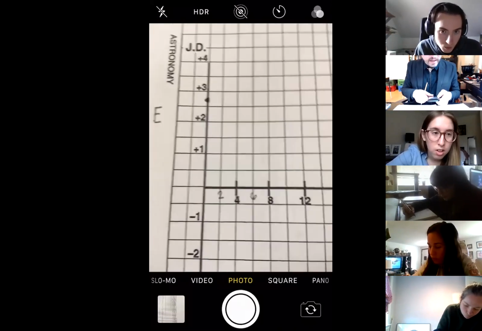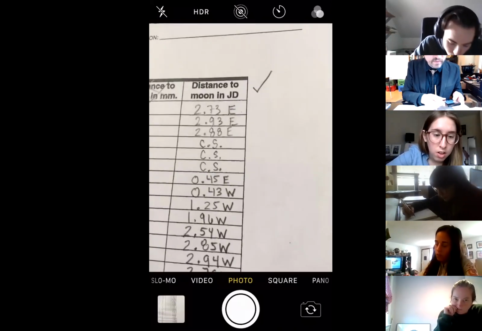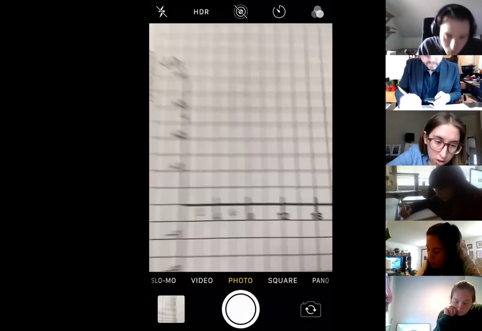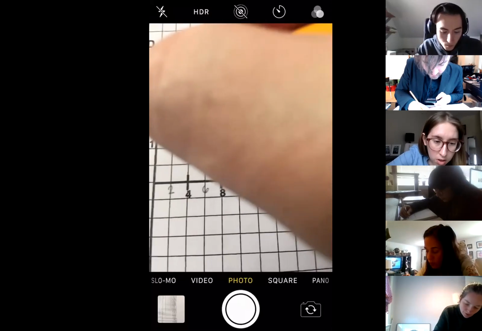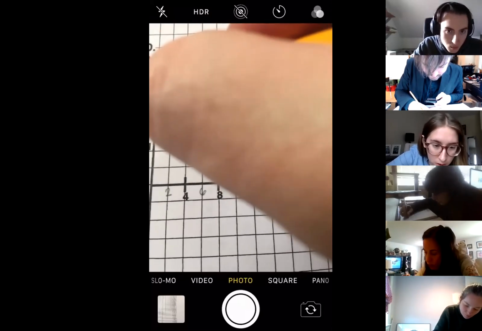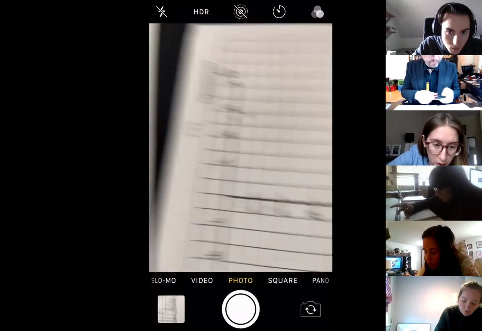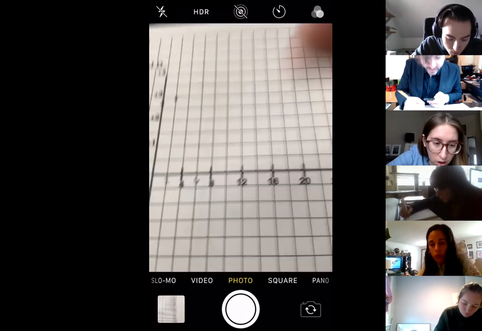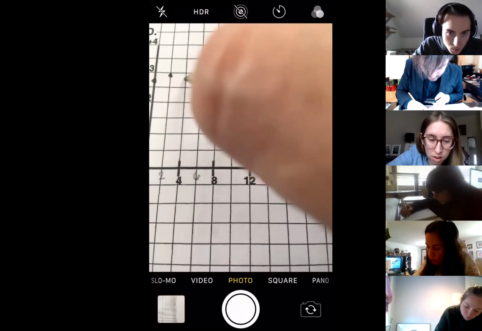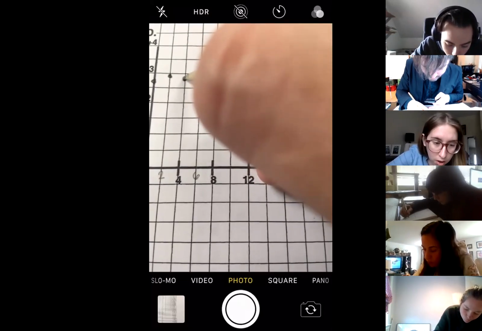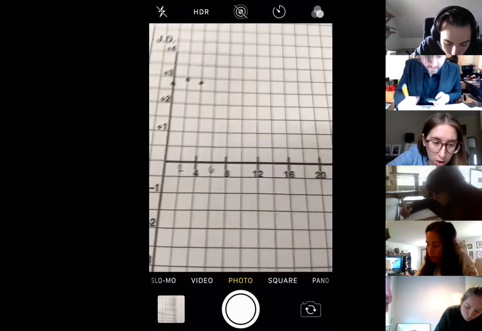And now we'll continue to plot our data points. The next one is 2.93 east. So at 2 hours, 2.93 is almost at 3. 2.88 east. 2.88 should be something like that. Okay, maybe even closer.